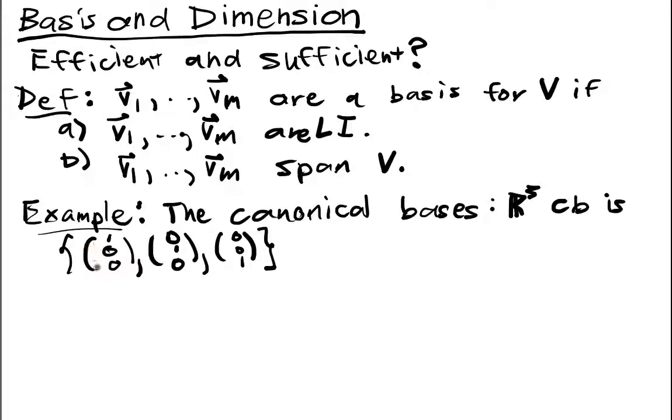So the collection of vectors where I pick off exactly one coordinate and set it equal to 1, and the others are all zeros, and I take all those vectors. That's the canonical basis.